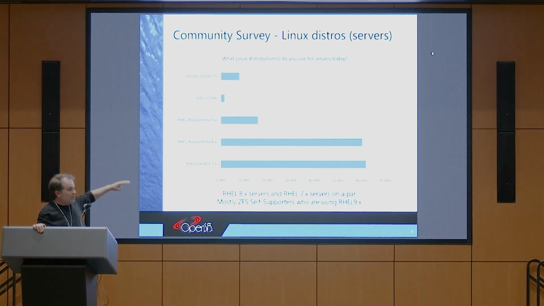You see it's very, very close between RHEL 8 and RHEL 7, and that's fairly natural, because anything 2.12 or older would be RHEL 7 servers, and then 2.15 would be RHEL 8 based. And then what's kind of interesting is the third most common category is RHEL 9.